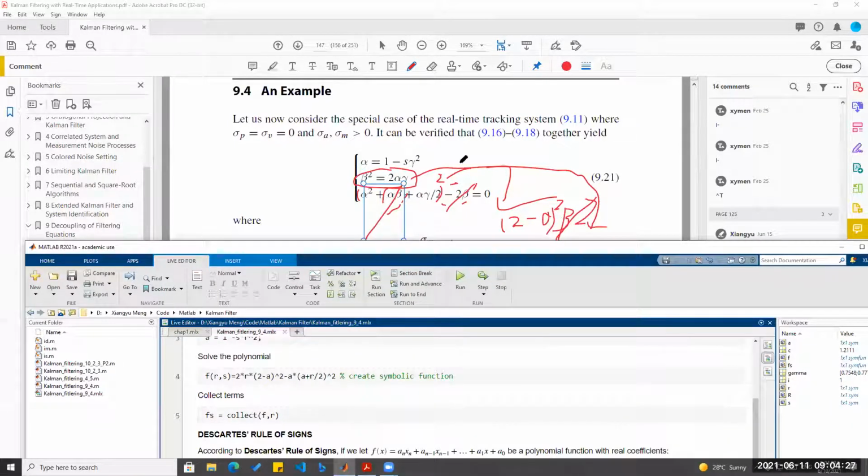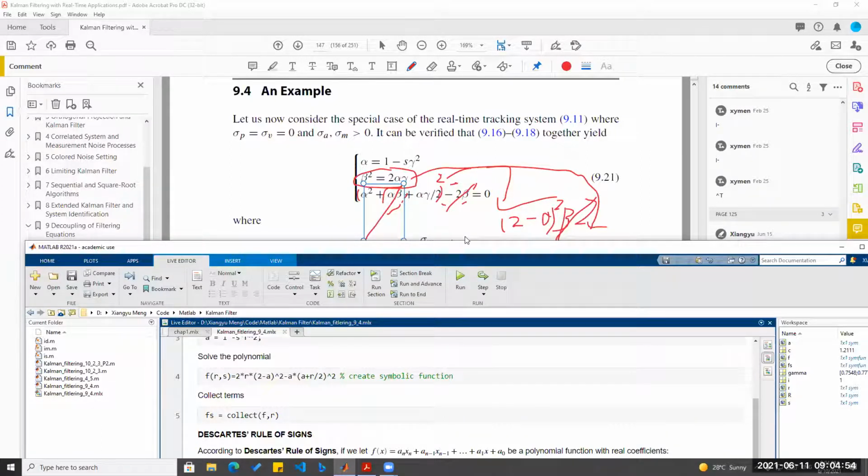Then we have 2 minus alpha square. Then you replace beta by 2 alpha gamma, then one alpha is canceled. Then you minus here a plus r divided by 2 square times a.